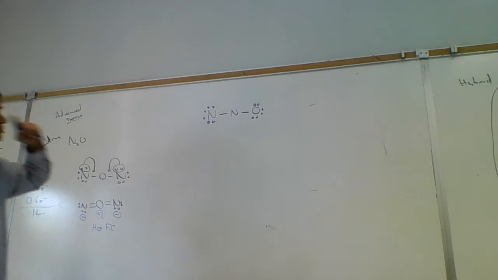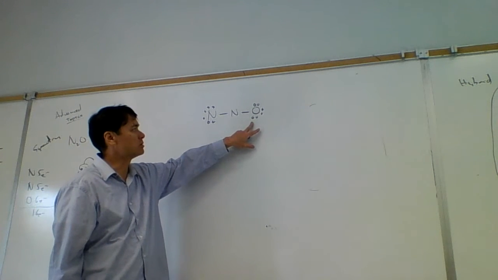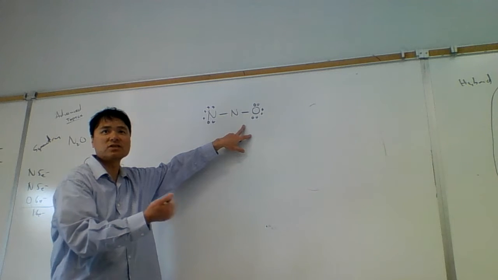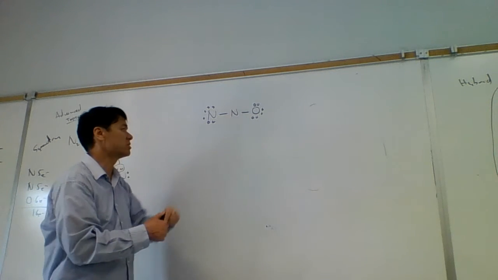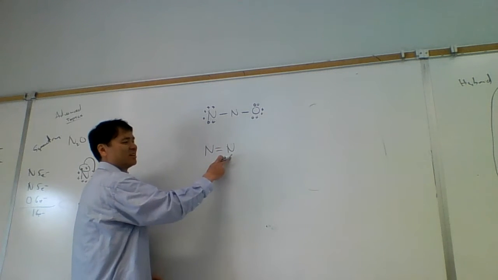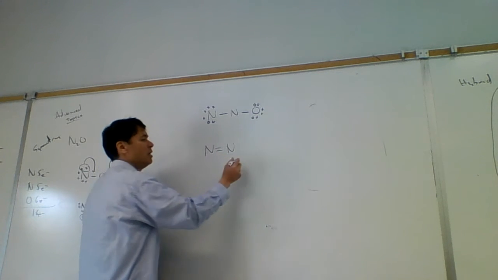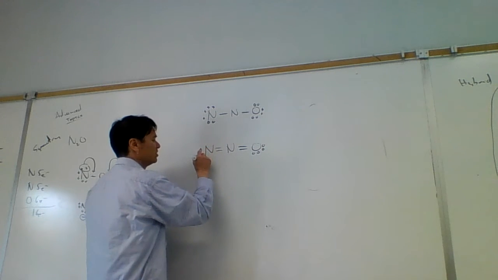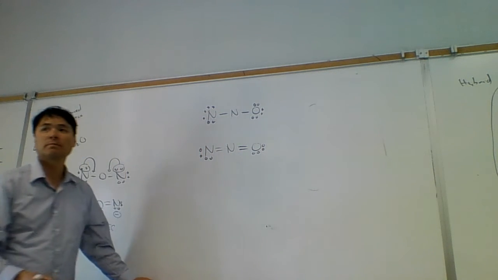Which one will sacrifice its electrons first, nitrogen or oxygen? Nitrogen. So we'll go with the double bond over here, but is that enough to complete nitrogen's octet? No. So what we're going to do is throw a double bond. Oxygen's going to have to make a sacrifice too, as nitrogen already did.